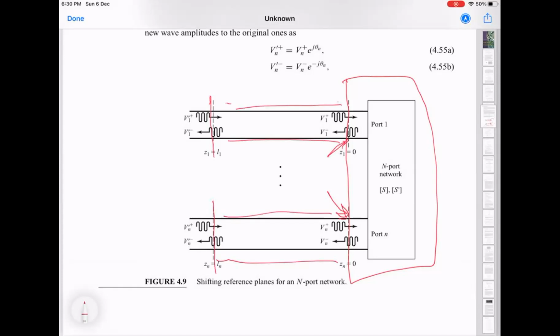So the question is that the instrument is actually measuring the scattering parameters at this plane, but you actually want the scattering parameter at this other plane. How does one go from here to there, right?